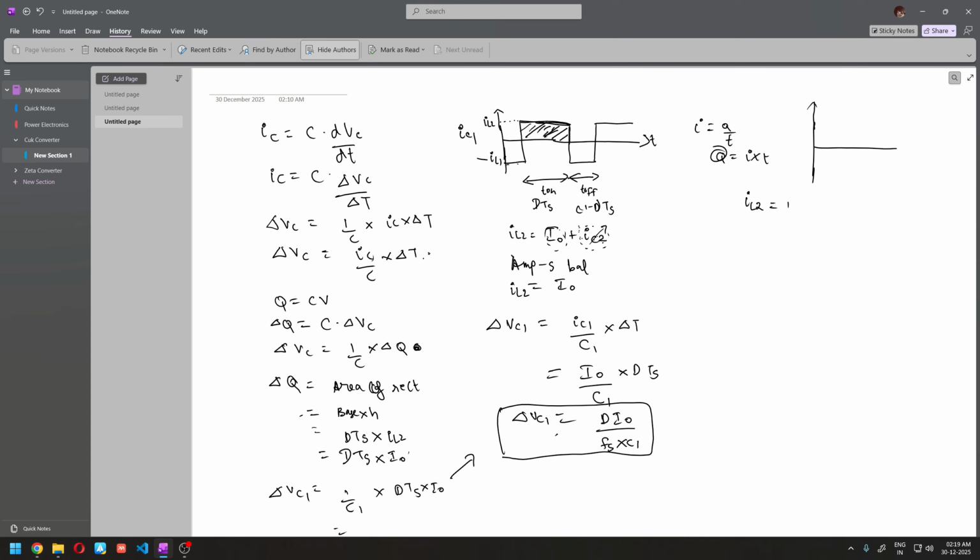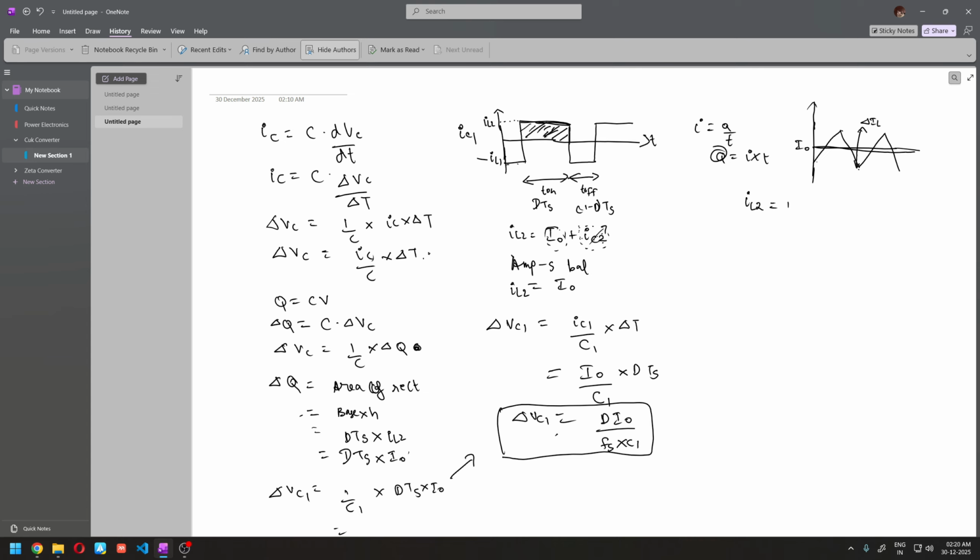So it's going to be a triangular output. Here it was square; this is going to be a triangle one. It's going to look like this, and this is basically your steady state load current, same as this equation, and the ripple component. So this is your total peak to peak ripple, as we call it.